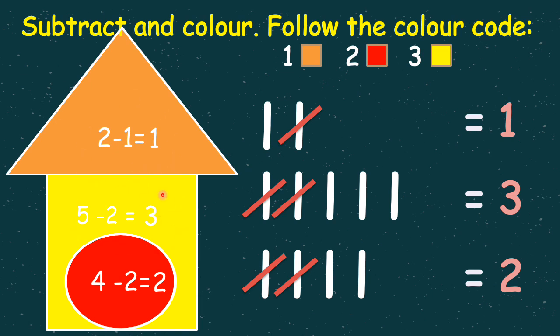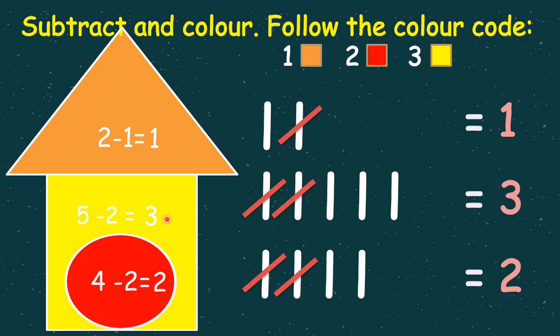So now we come to this 5 minus 2. So you open 5 fingers, children. Okay, so you have 5 fingers open in your hand. And now how many fingers should you fold inside? So you need to fold 2 fingers.